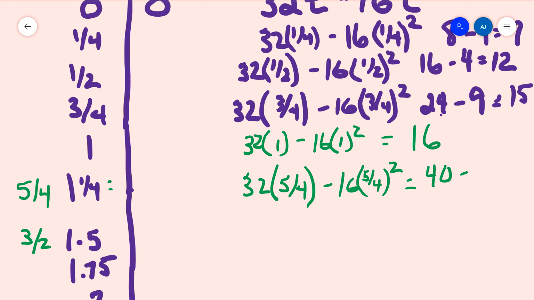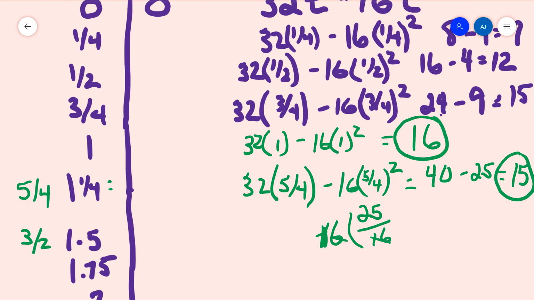Minus, let's see, 5/4 squared is 25/16, times this 16. The 16s cancel, and I've got 25. 40 minus 25 is 15. Let's circle these numbers here for now.